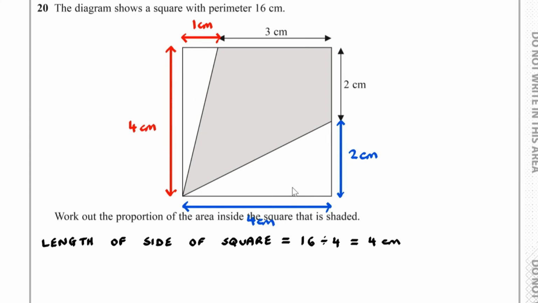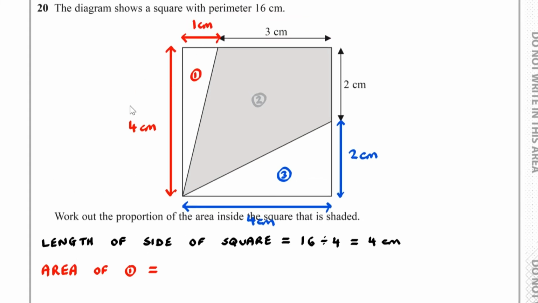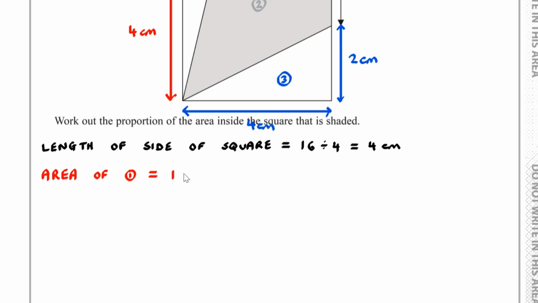So we've got a triangle here, and with that we can find out this region here. So if I call this region 1, if I call this shaded region region 2, and this region here region 3, well then the area of a triangle, we've got 1 times by 4 divided by 2, which is 2 centimeters squared.